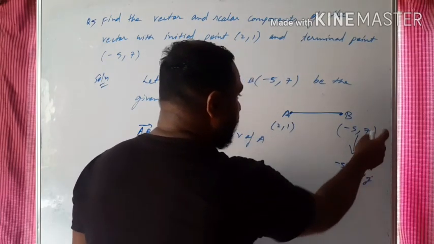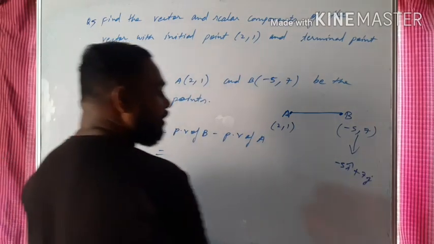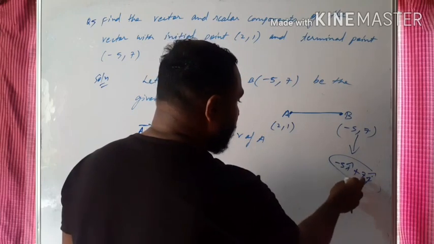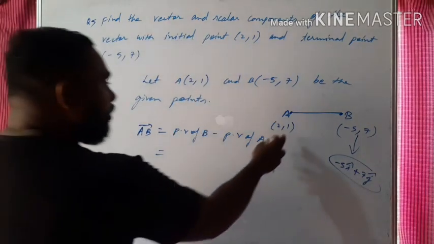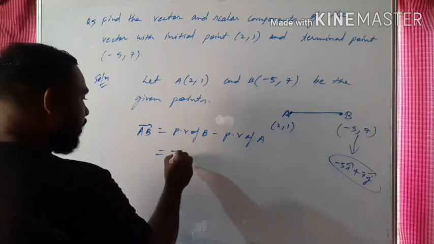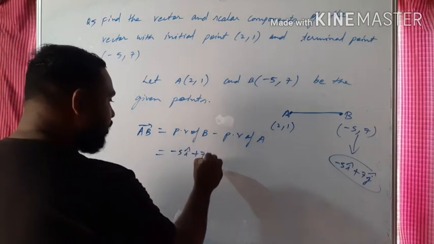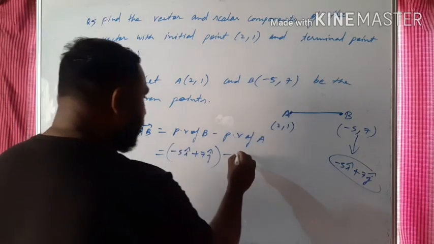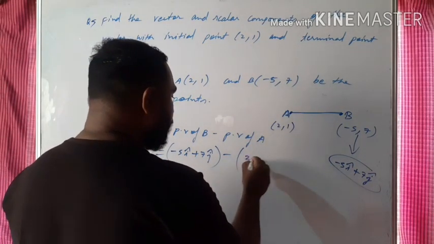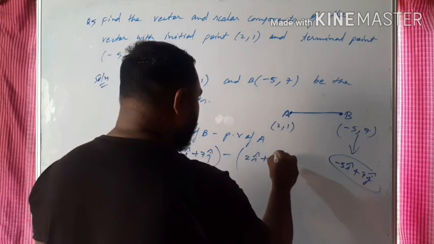Here the z component is not given, so we will write -5i plus 7j. So the position vector of point B will be -5i plus 7j. Similarly, the position vector of point A will be 2i plus j.